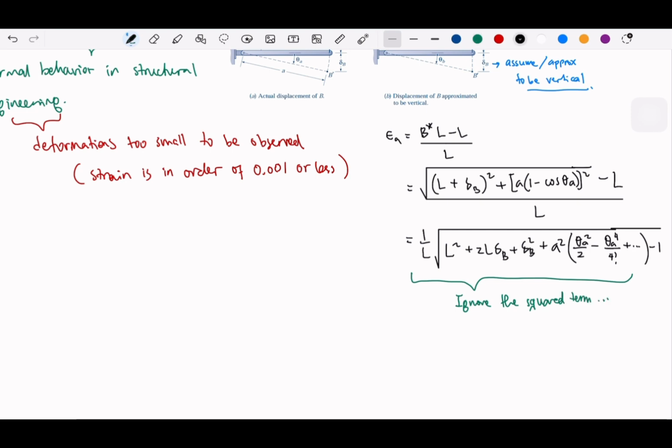And we can see that this strain A is basically just that.